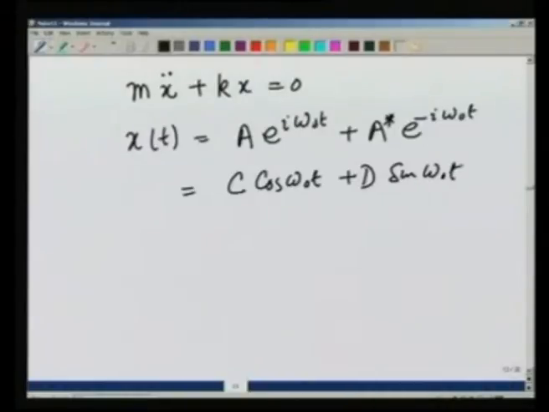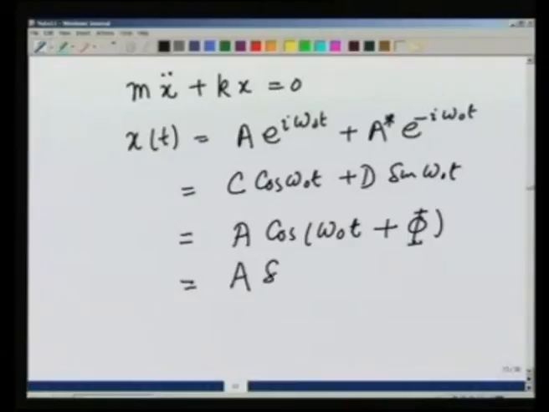And a third way, you can write this as some amplitude times cosine of omega_0 t plus a phase constant called phi, or also, if you like sine functions, I can write this as sine of omega_0 t plus a phase constant called phi.